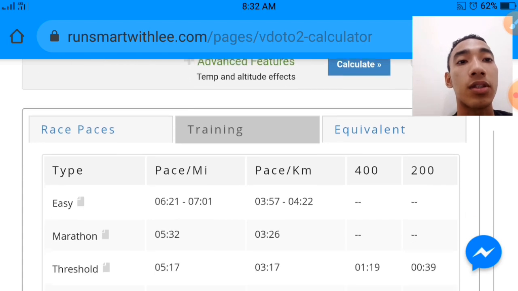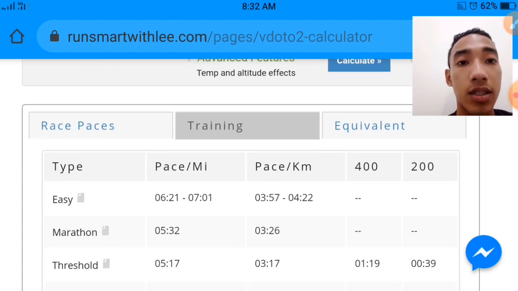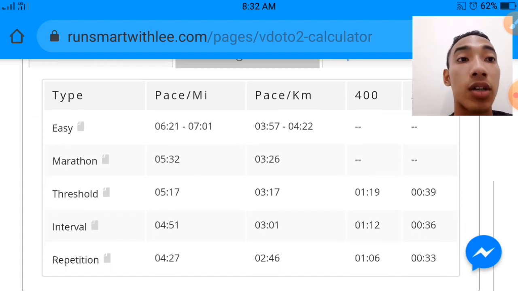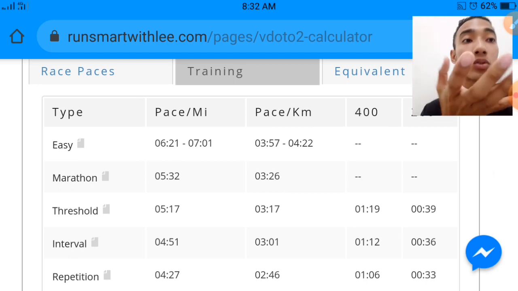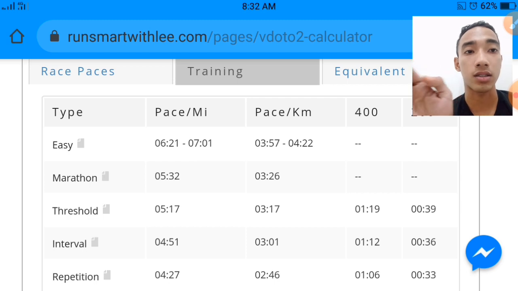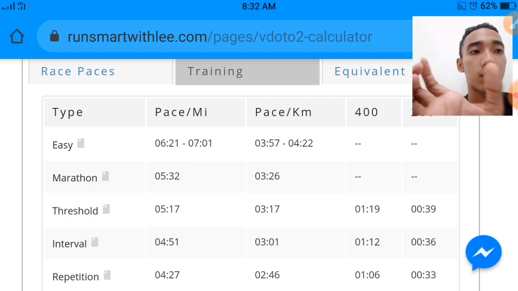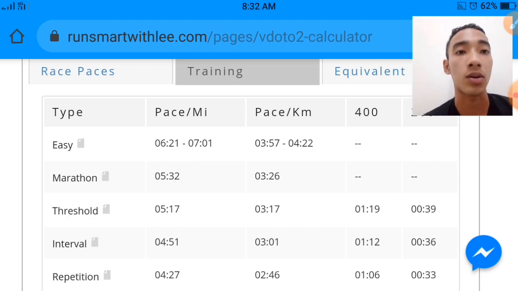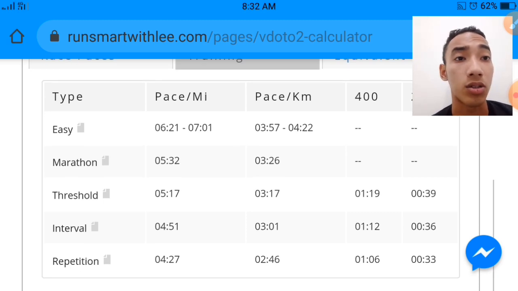In the second column, as you click training, you can see your training paces, my own training paces. You should calculate your own. My easy pace goes around 3:57 to 4:22 per kilometer. I fluctuate within that range, because of course the conditions of our body differ. My marathon pace should go around 3:26 per kilometer.